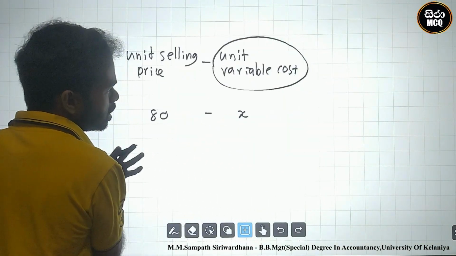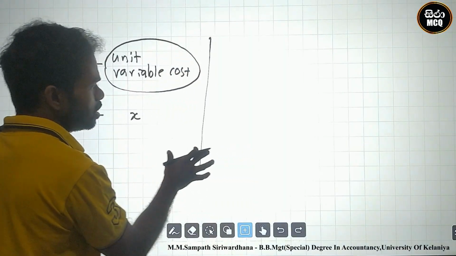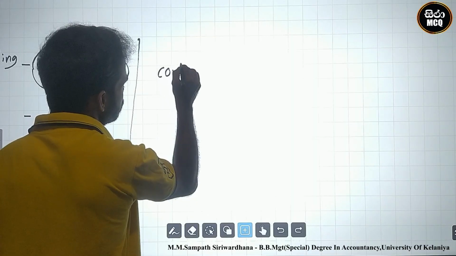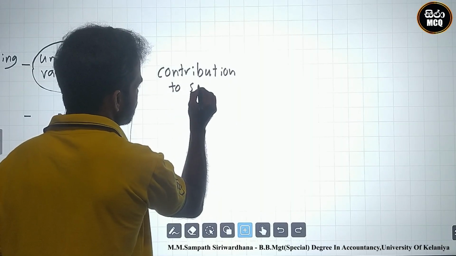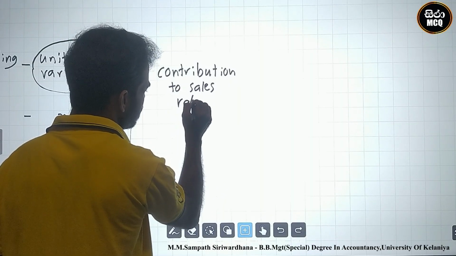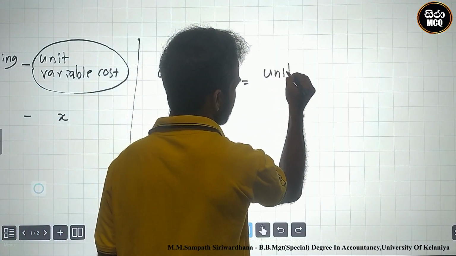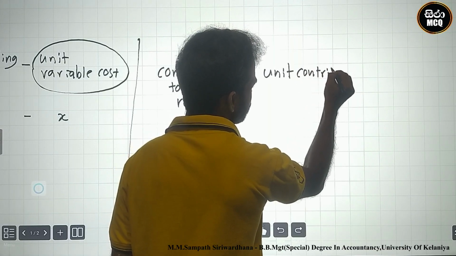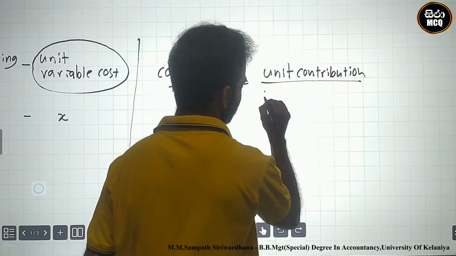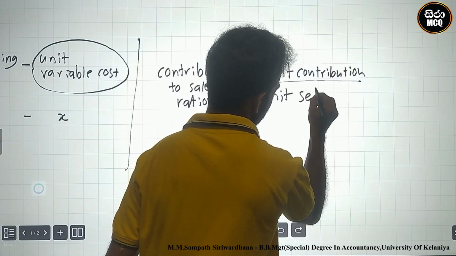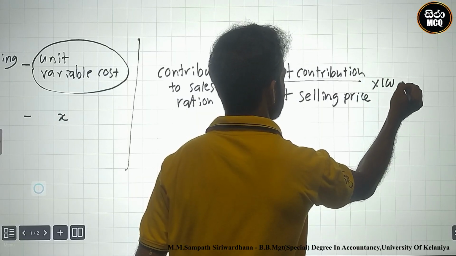What is the meaning of the contribution to sales ratio? How can we calculate it? Contribution to sales ratio equals unit contribution divided by unit selling price, multiplied by 100%.